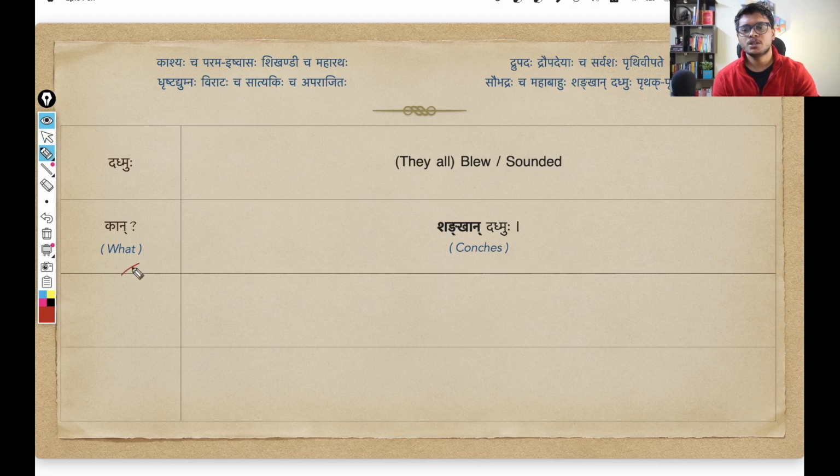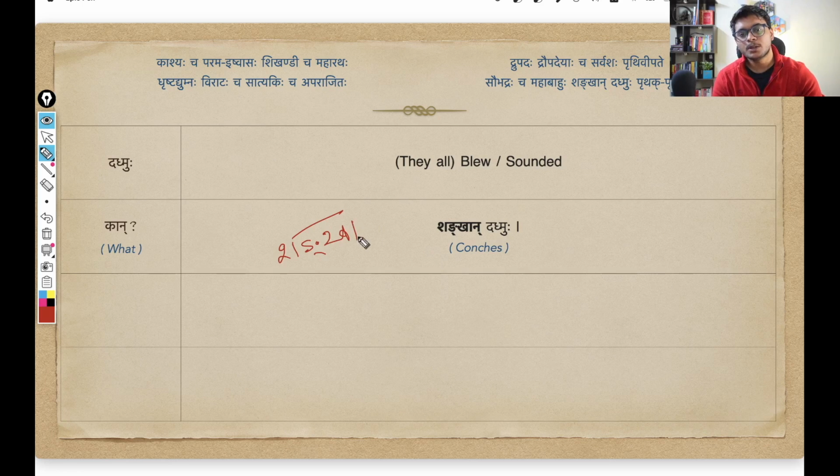Immediately, a question is kan, or what? They all blew, but what did they blow? What is the object here? And the object is shankhan. This comes from the pratipadik, the base word shankh. So shankh dadmuhu, they blew the conch. But since here we are talking about multiple people who have multiple conches, we are talking about an object that is in plural, bahuvachan.